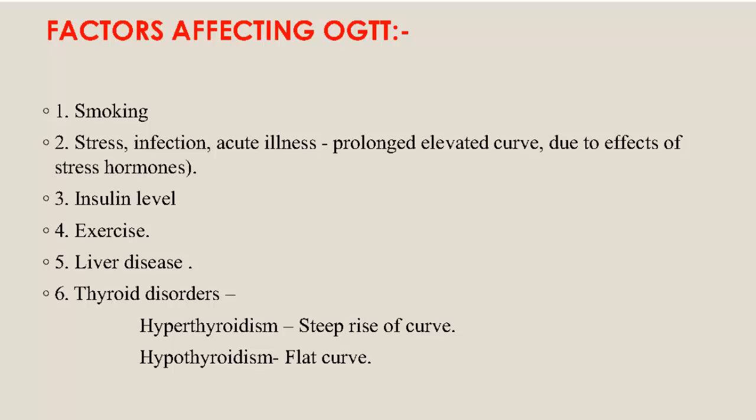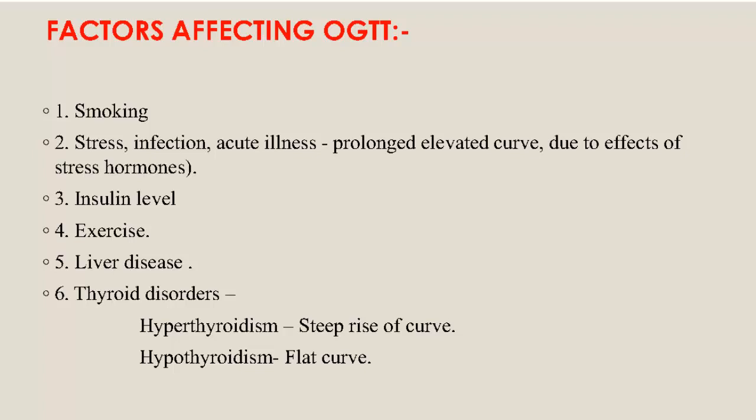Now, number 4 is exercise and number 5 is liver disease. You all know that the liver as well as skeletal muscles play an important role in glucose metabolism. For this reason, liver disease as well as strenuous muscular exercise can affect the OGTT levels.